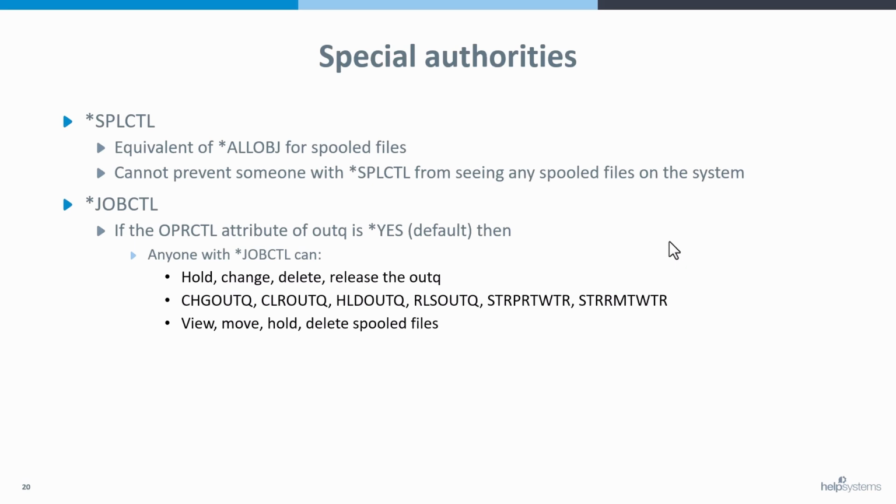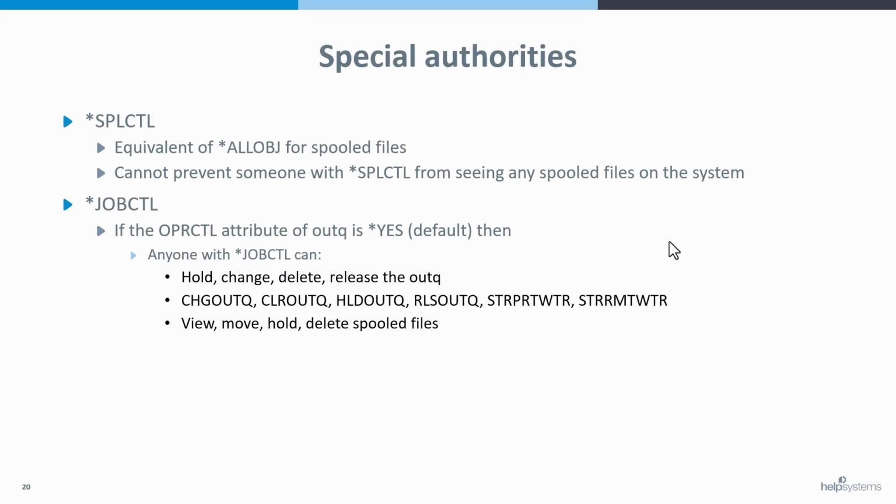And when we talk about spooled data, we're talking about payrolls. We're talking about accounts receivable reports, GL reports, customer account information. Could be very sensitive information that's residing in these spooled files. Spool control can grant someone access to any of those.